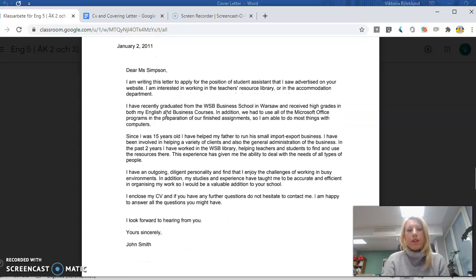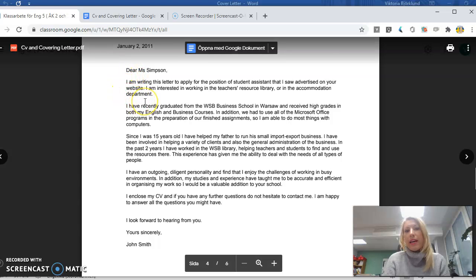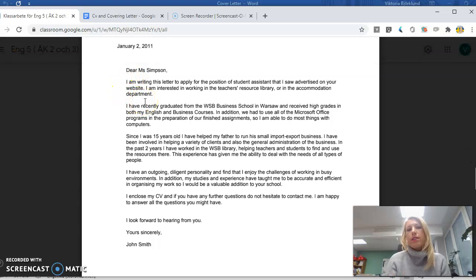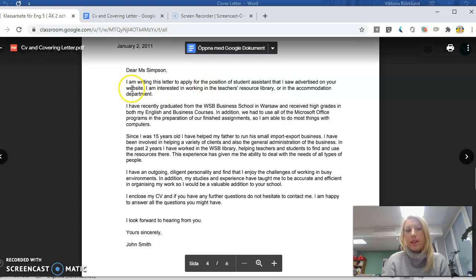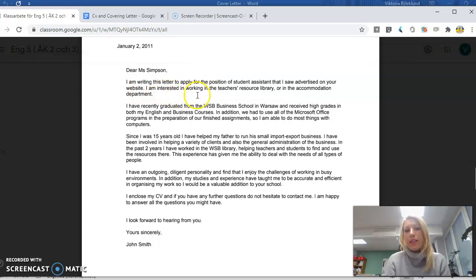Okay. And then the person starts by writing why. What is the reason for them writing this email or letter? I am writing this letter to apply for the position of student assistant that I saw advertised on your website. I am interested in working in teachers' resource library or in the accommodation department.